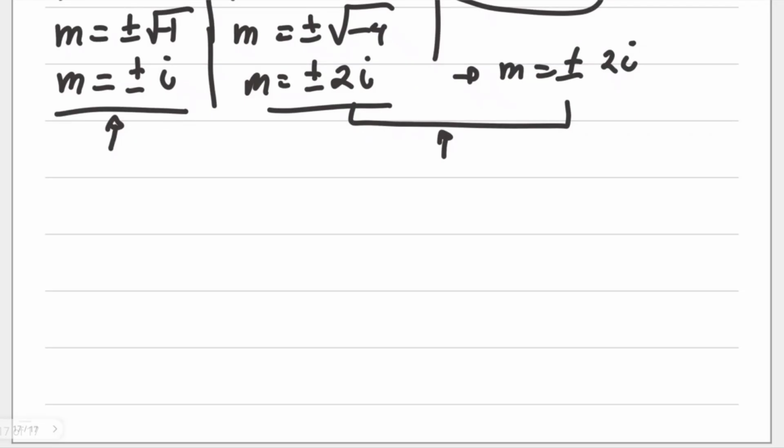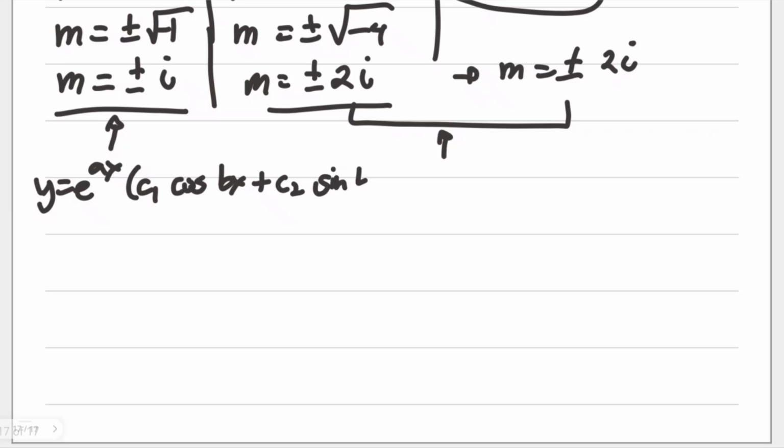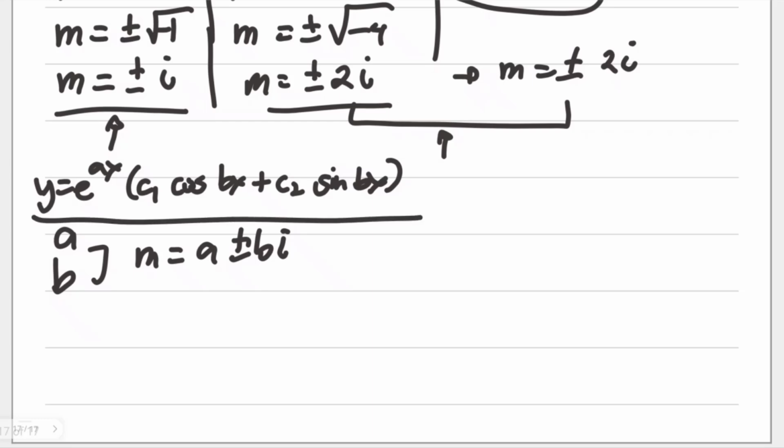The third form of a general solution, once we have imaginary roots which are not repeated, can be expressed in this manner. y is equal to e to the power of ax times c sub 1 cosine bx plus c sub 2 sine of bx, where our a and b can be taken from the root, which is a plus minus bi. Okay, this is just for the imaginary. We have many examples for that previously.